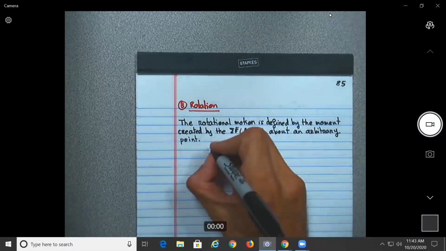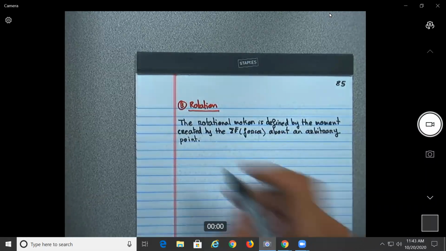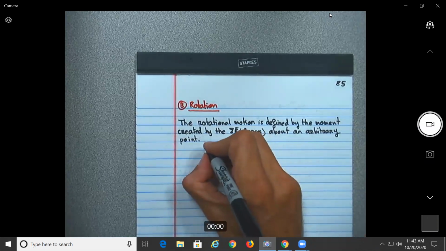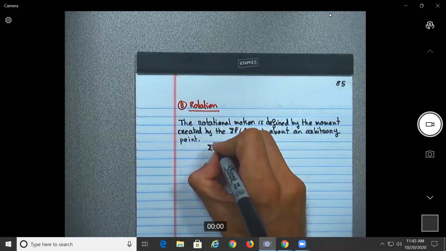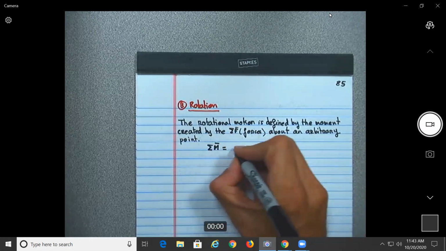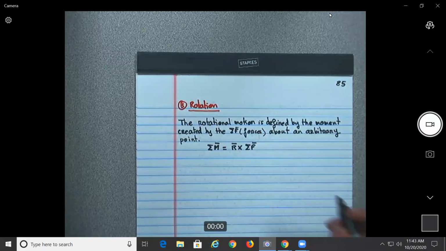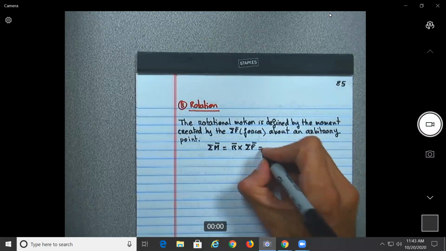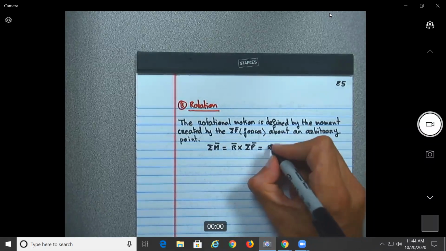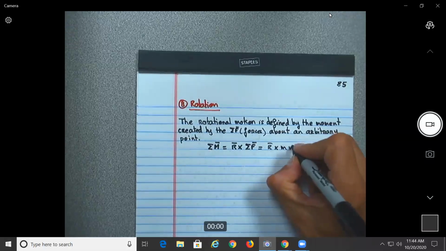Okay, so in other words, what do we have? We have the summation of forces. So let me just put the moments right away. Summation of moments is equal to what? It is the moment created by these external forces. And what did we say was the definition of the summation of forces? It was equal to the linear momentum, okay? So we have rho cross mv.